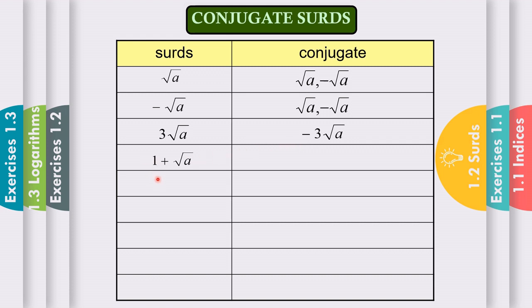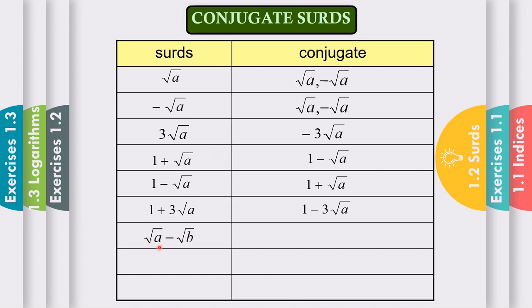Now, if you have 1 plus surd a, the conjugate is 1 minus surd a. If it is minus, the conjugate is plus. Now if you have 1 plus 3 surd a, the conjugate is 1 minus 3 surd a.